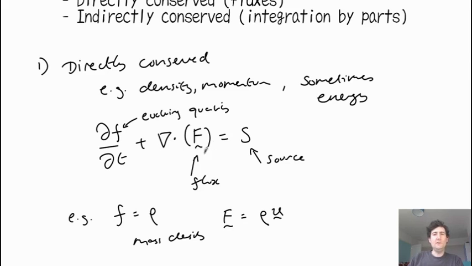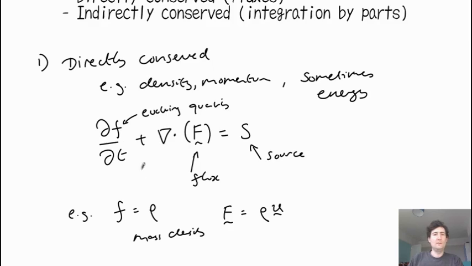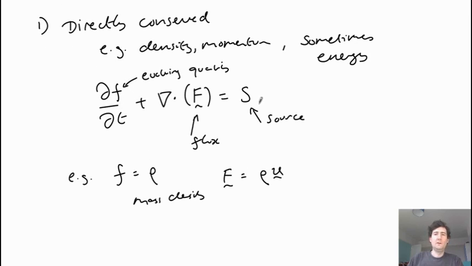The point is that these divergences can be written by integrating over cells. They can be written as surface fluxes. So you can essentially integrate this equation over a volume.